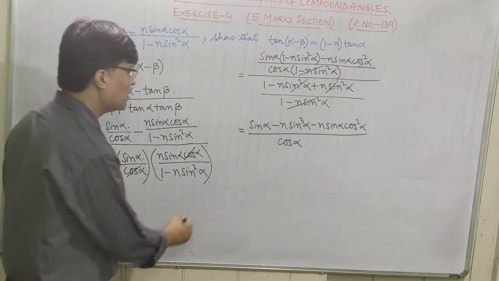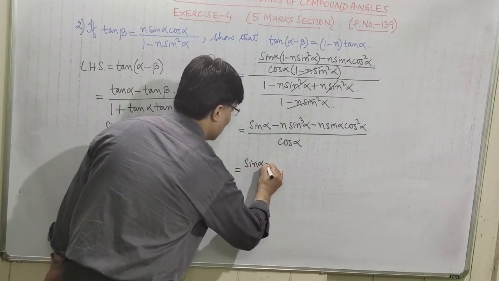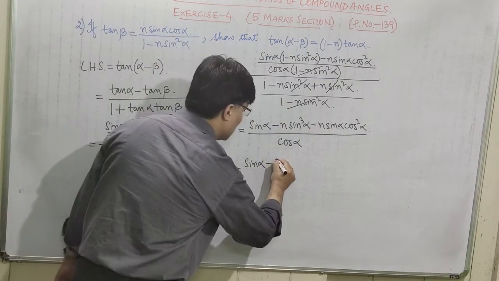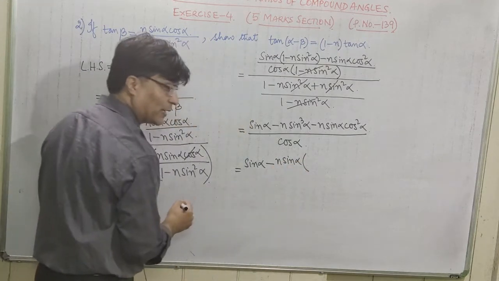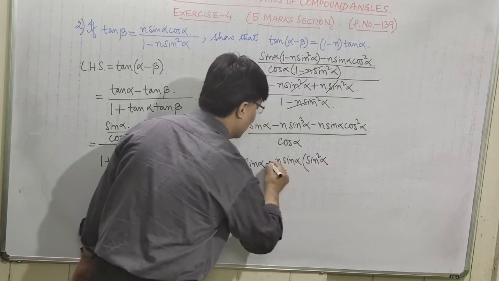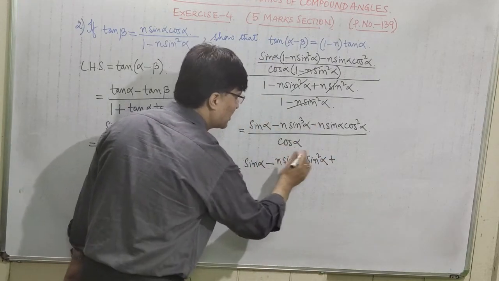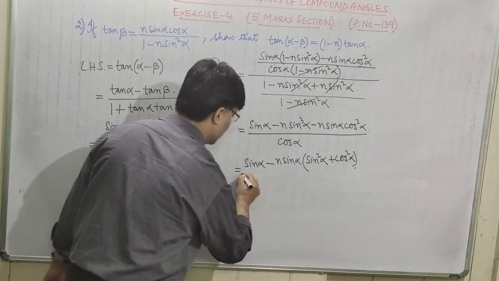Is that clear? Next, which is equal to sine alpha minus, what is common out here? It is n sine alpha that is common, so within the bracket what do we get? It is sine square alpha plus cos square alpha.